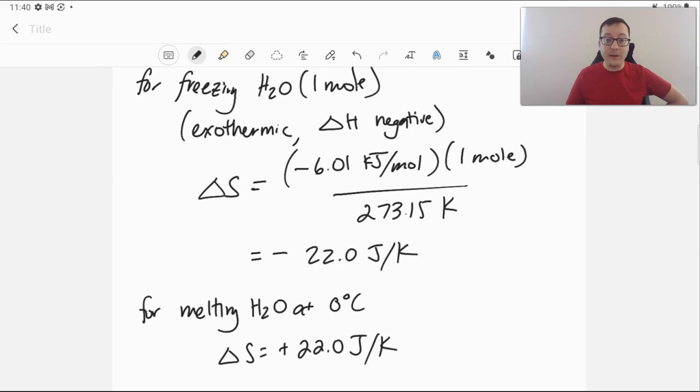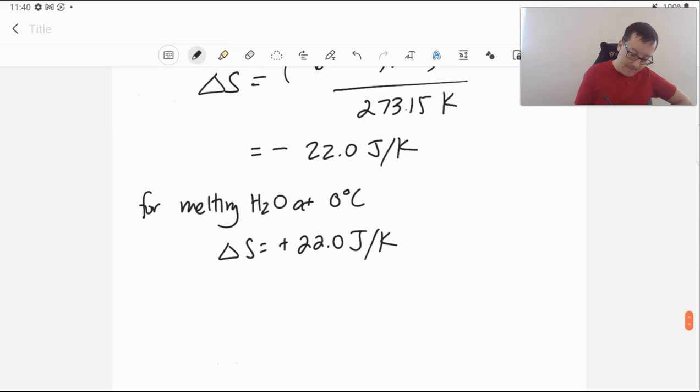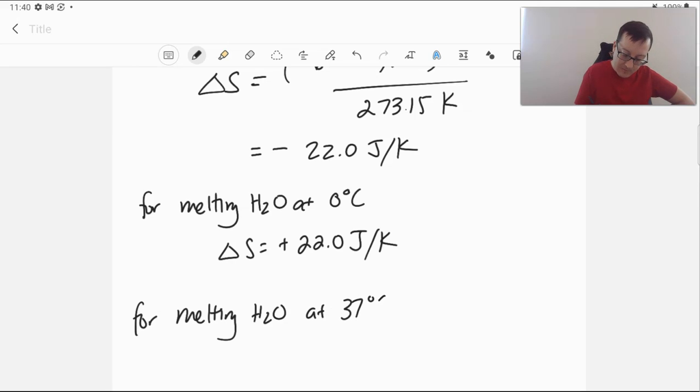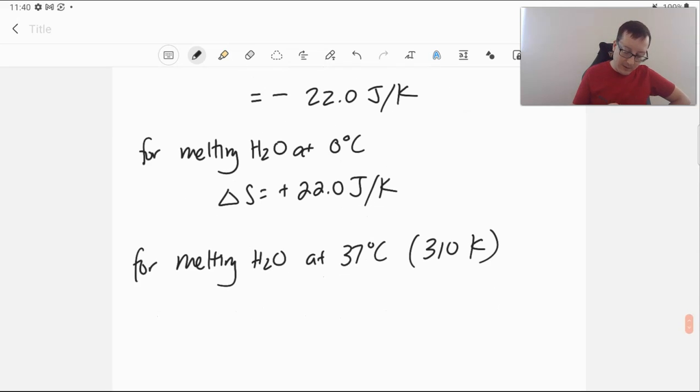But if we take that ice and melt it, say, at body temperature, 310 Kelvin, let's melt that 1 mole of ice at body temperature, or 310 Kelvin. You can figure it out.